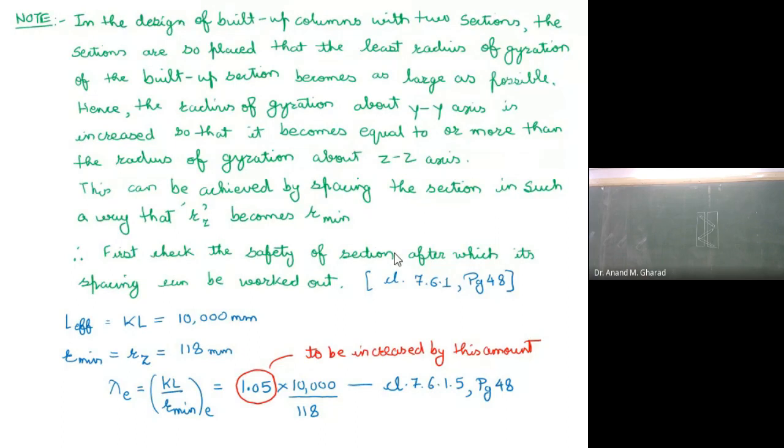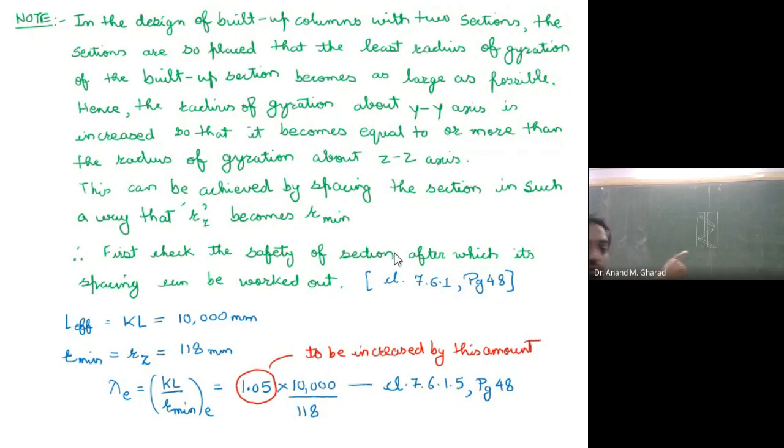This can be achieved by spacing the section in such a way that RZ becomes R minimum and vice versa. Therefore, you are supposed to check the safety of the section, after which its spacing can be calculated.